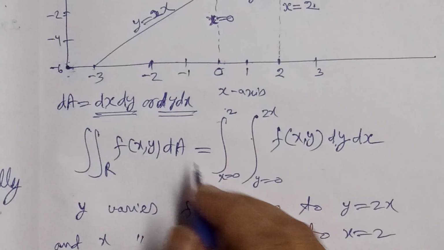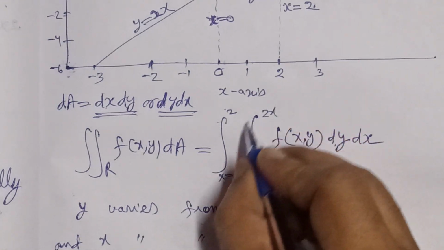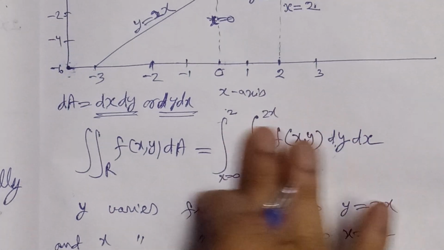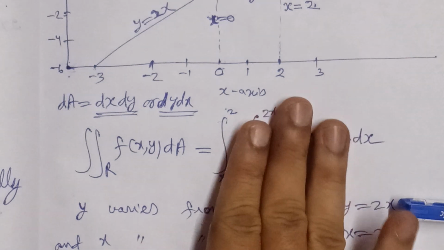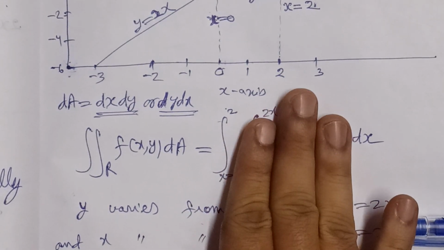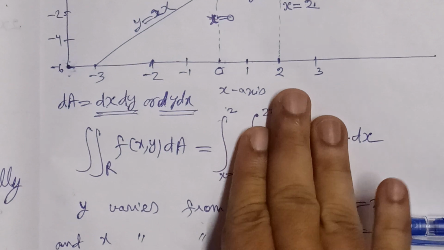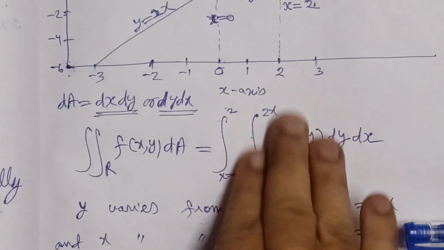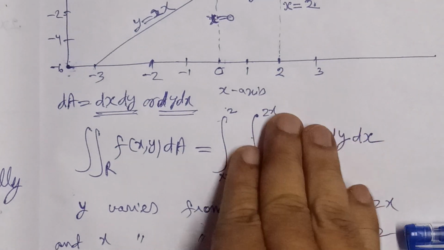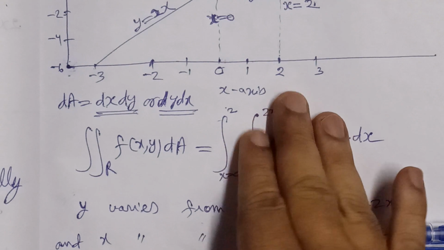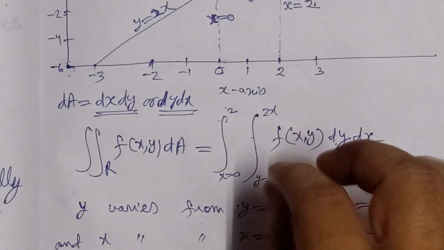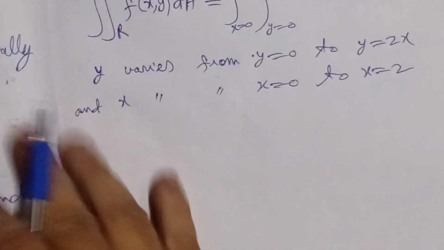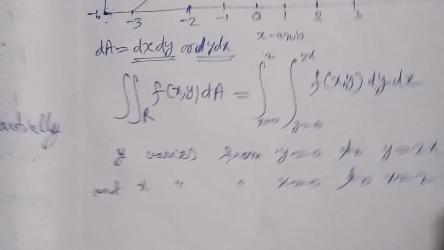If a function is given, we should integrate this value first, find this integral value which is a function of x, and then integrate with respect to x. I cover it; this will be a function of x, and with constant limits it gives a certain value. This is one answer.